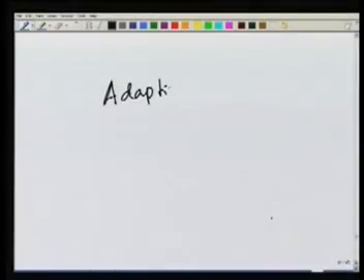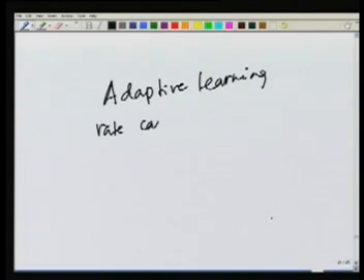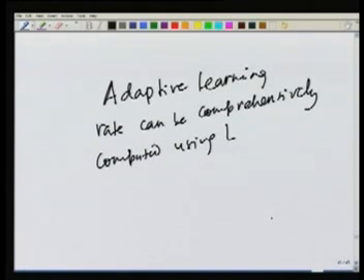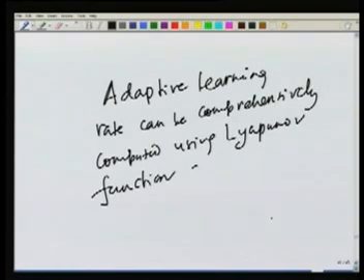So, the conclusion is that the adaptive learning rate can be comprehensively computed using the Lyapunov function approach.